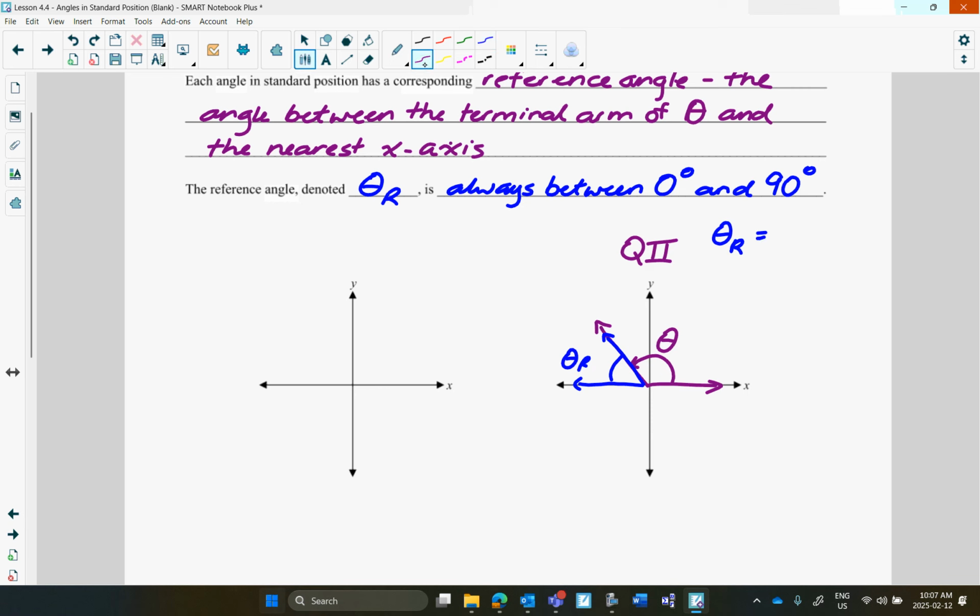Well, you take 180 minus theta, right? So if I told you what theta was, you could tell me what theta R is. And it works the other way. If I tell you what theta R is, you can tell me what theta is by doing the same thing: 180 minus the reference angle.